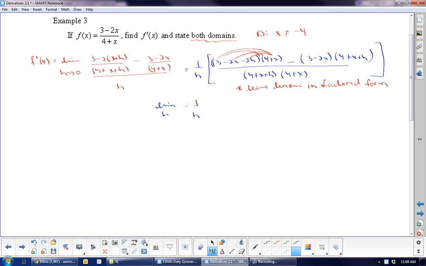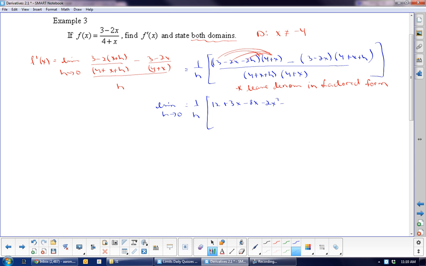So limit as h goes to 0, 1 over h. So we should have 12 plus 3x minus 8x minus 2x squared. Okay, and then I'm on the minus 2.